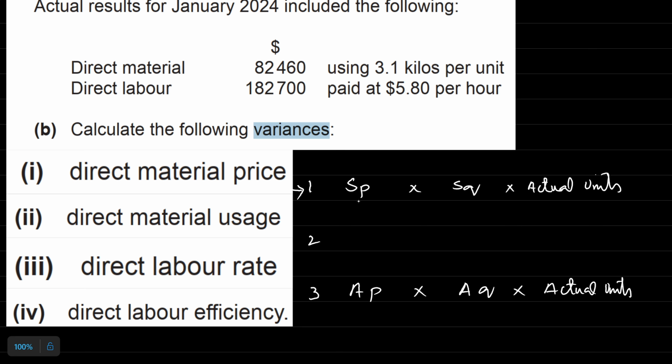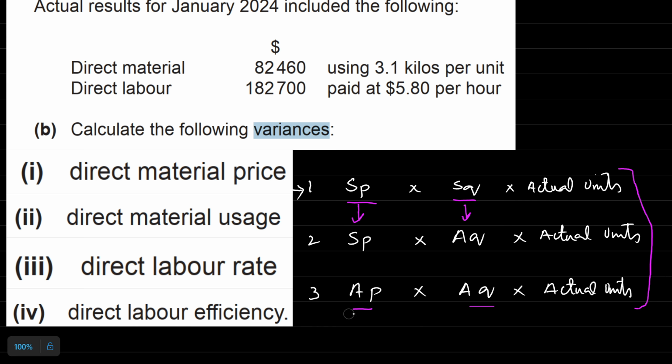In the second line, we will not change price, it will be standard price, while quantity will be changed to actual and actual units. So I can say, in the first line, standard price, standard quantity; in the third line, actual price, actual quantity; in the second line, price will remain at standard while quantity will be changed to actual, while all calculation will be done with the actual number of units.